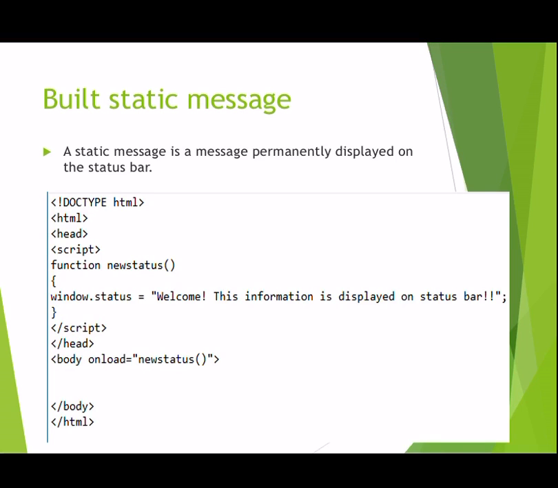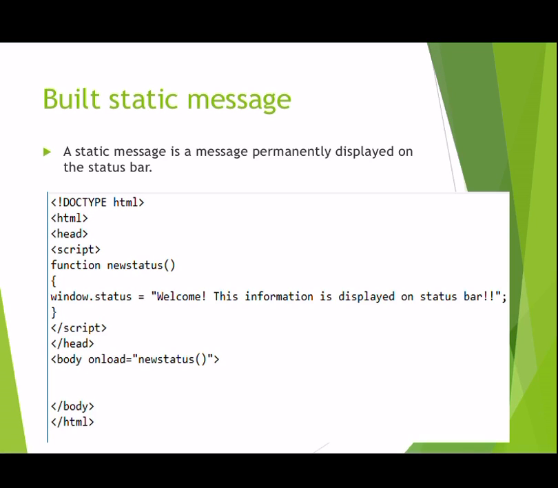The onload event we are going to use in order to display your status bar message. That is, whenever your web page is loaded, whenever you open your output, your web page will be loaded and your function will be called and the status bar message will be displayed. So body onload is equal to, you call that function.